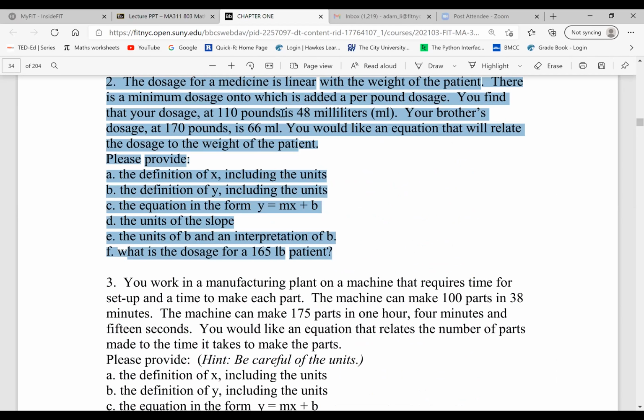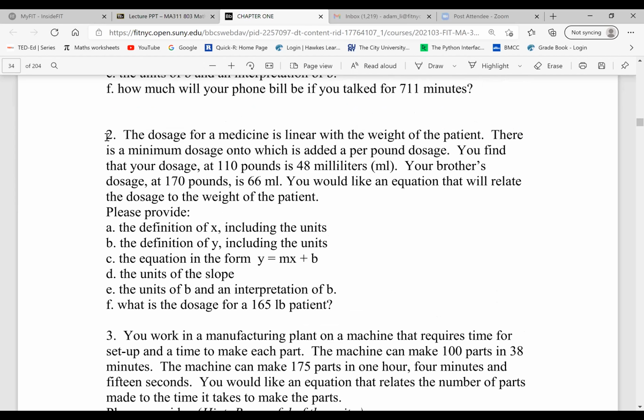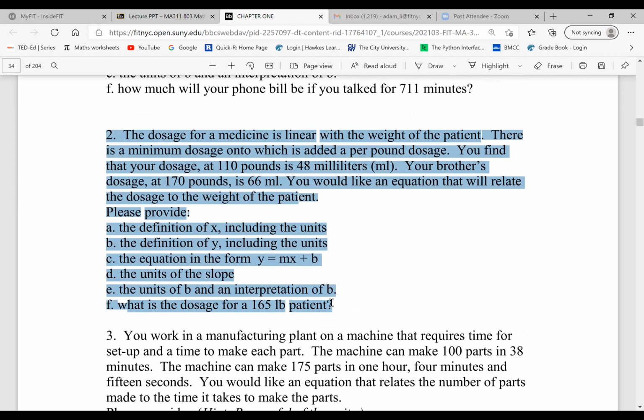There's a minimum dosage to which is added a per-pound dosage. You find that your dosage at 110 pounds is 48 milliliters. Your brother's dosage at 170 pounds is 66 milliliters. You would like to have an equation that will relate the dosage to the weight of the patient. Okay, then we need to define a couple things: independent variable and dependent variable, and go from there.